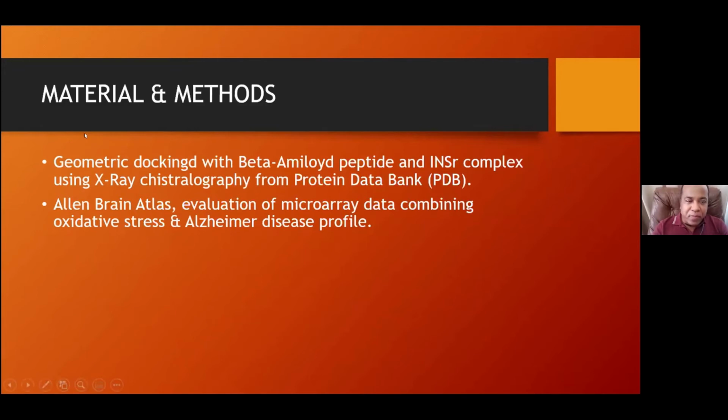First we will use the Allen Brain Atlas, which has a microarray of the different genes, and to understand how the different proteins bind together in the same pathway, we'll use a molecular docking approach. In molecular docking, we try to understand geometrically how different proteins bind one to another.